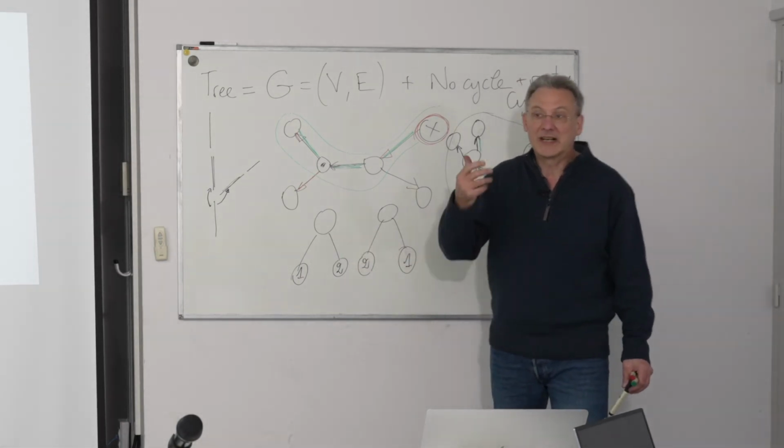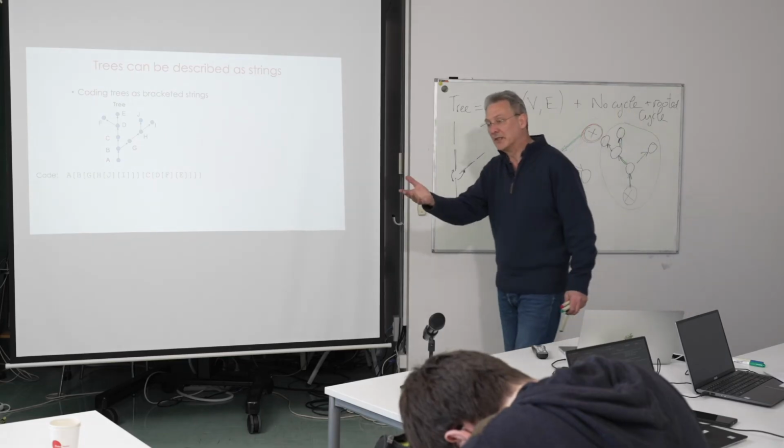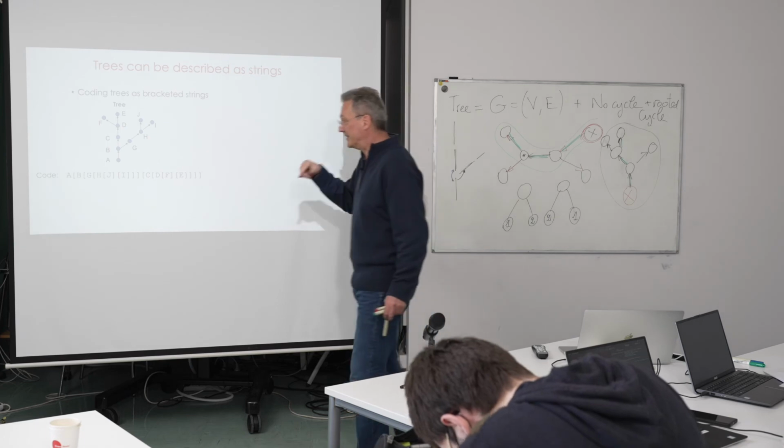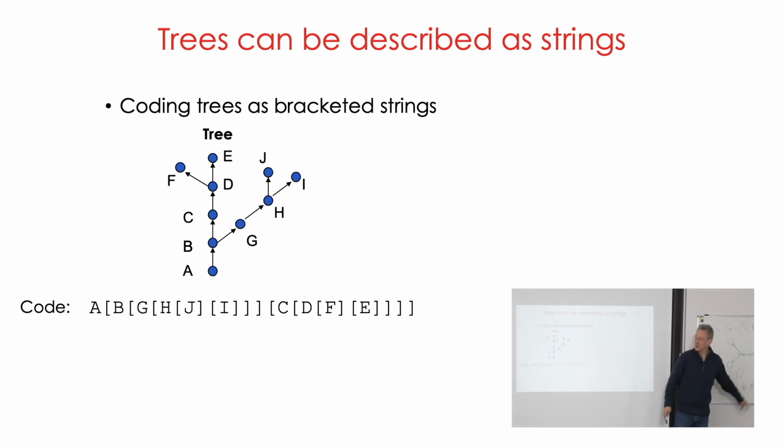So depending on the class of trees in which you are, it may be that the order is important. And in this case, it's an ambiguous notation. But if I decide that the order is not important, then this notation is absolutely perfect and is one-to-one with the tree. Okay?